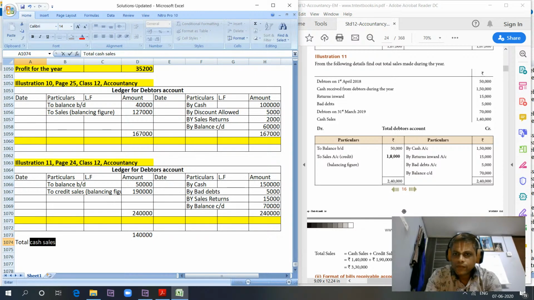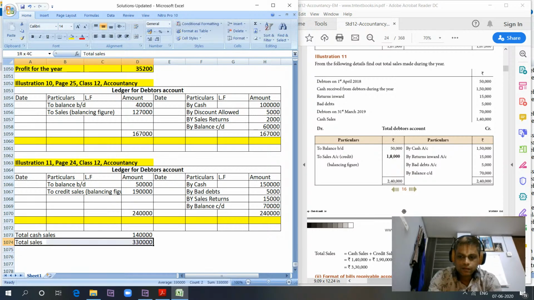Total sales is equal to cash sales plus credit sales, which is 1,90,000 plus 1,40,000. Total sales is equal to 3,30,000.